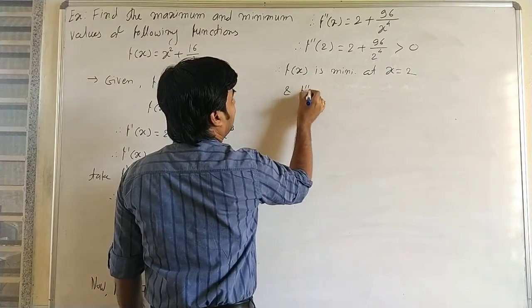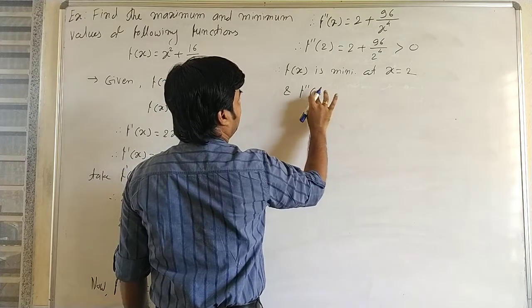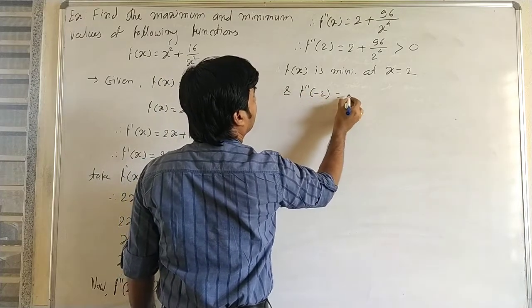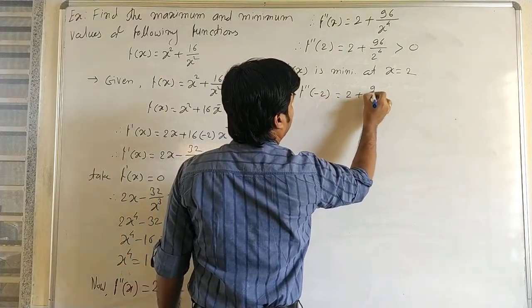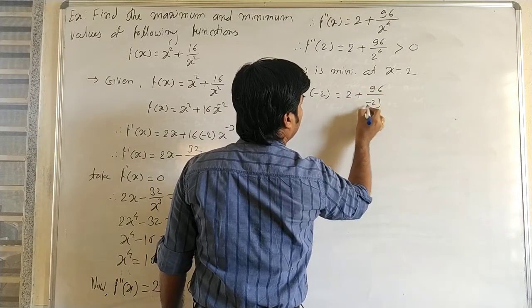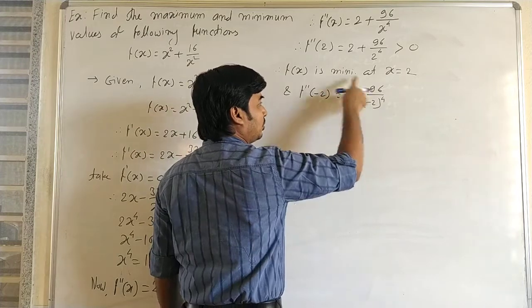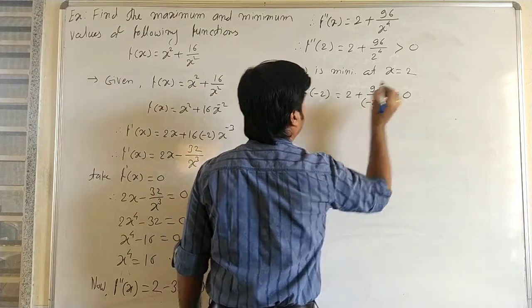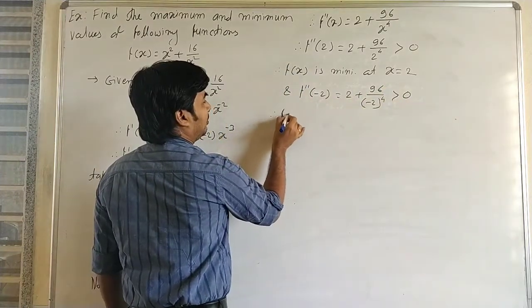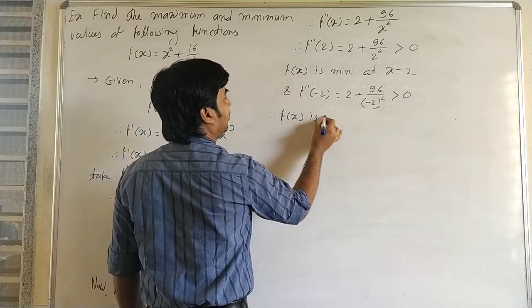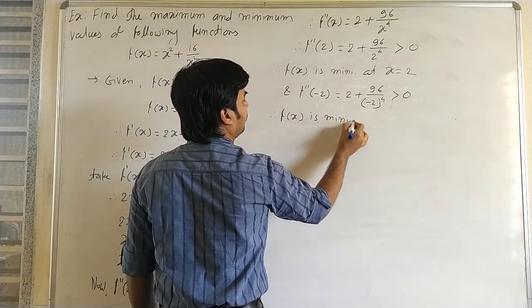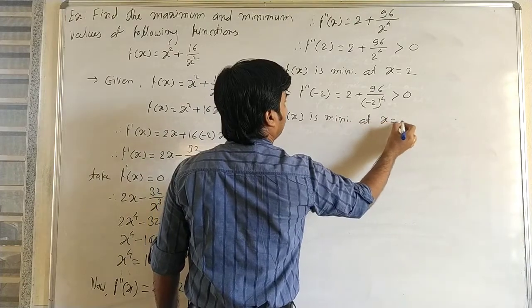And f double dash of minus 2, 2 plus 96 upon minus 2 to the power 4. Minus 2 to the power 4, again it is positive, therefore this is positive, greater than 0. And then f of x is minimum at x is equal to minus 2.